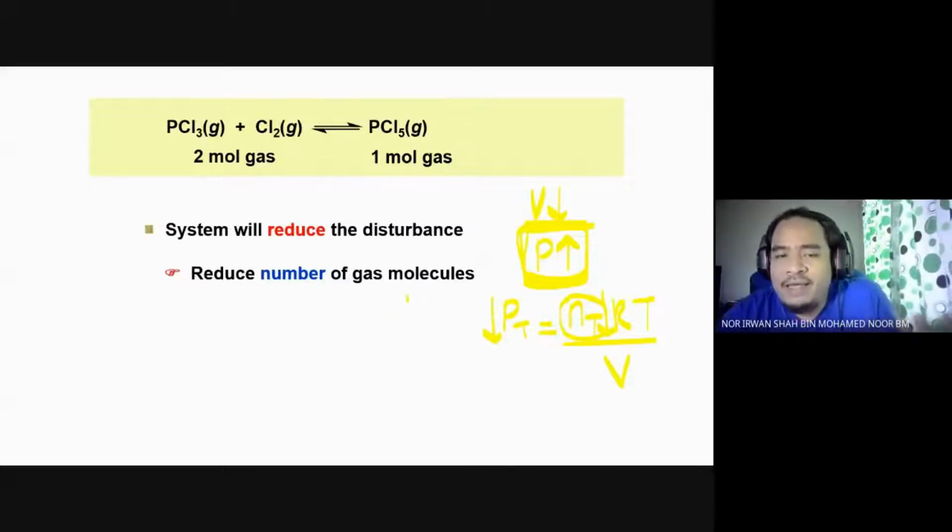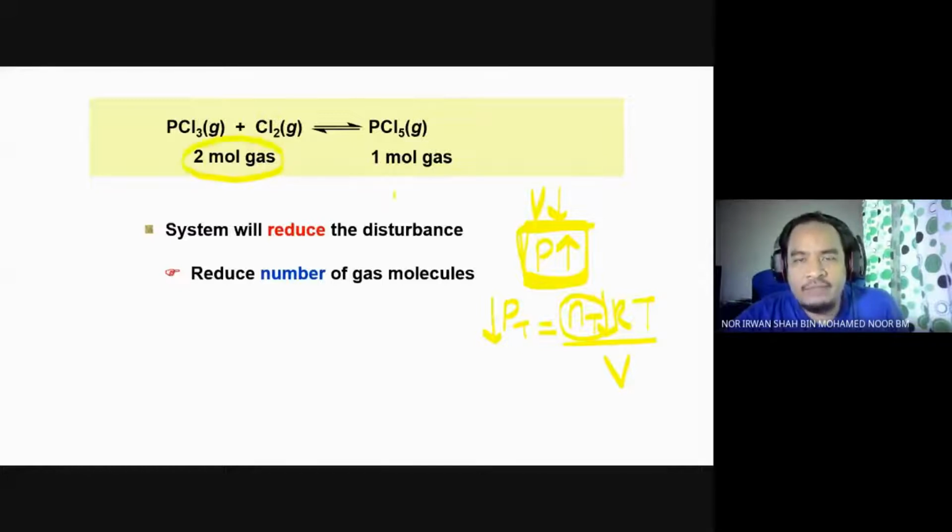We are going to use that here in this slide. From the previous slide, we know that on the left side of this equation there are 2 moles of gas, and on the right side, the product side, there is only 1 mole of gas.